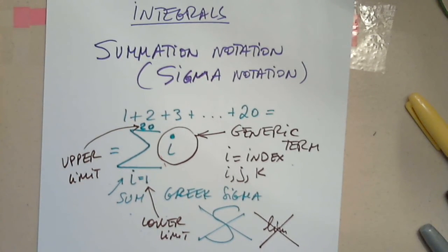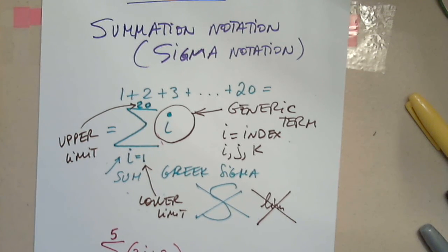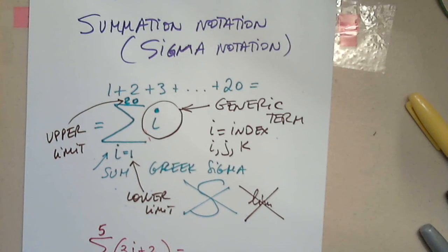So here's an example. Let's say the sum from j equals 2 to 5, just an example, of 3j plus 2. What does this mean? It happens that in this summation notation, the index starts at 2. It doesn't start at 1. Fine.